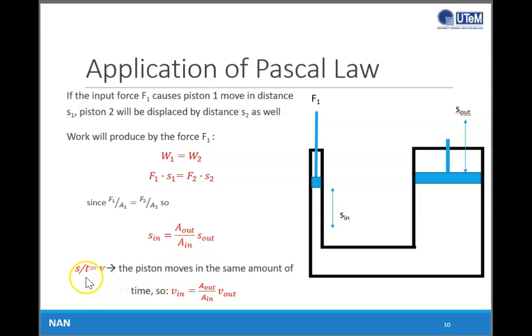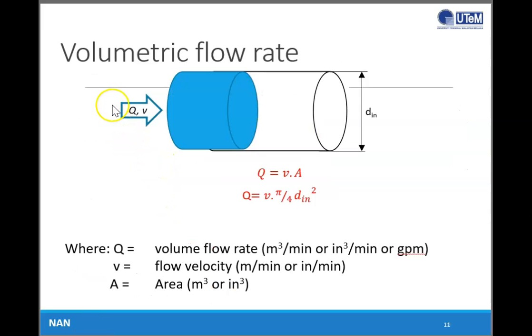Since S over T equals V, velocity, then V input equals area output over area input times velocity output.